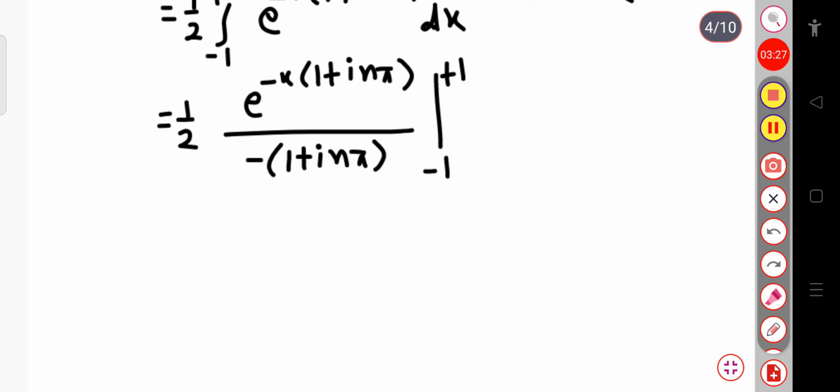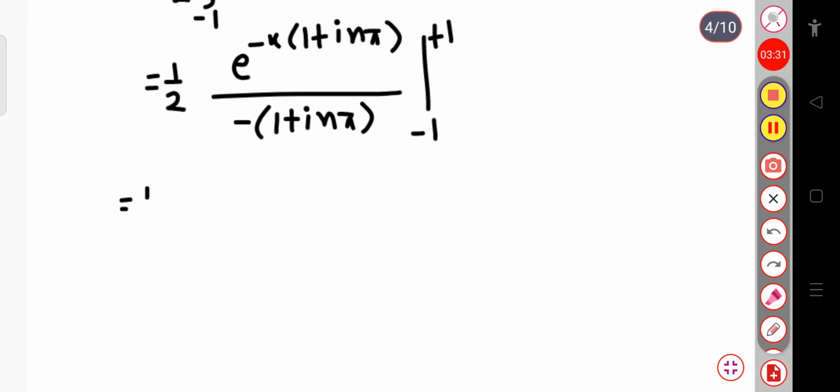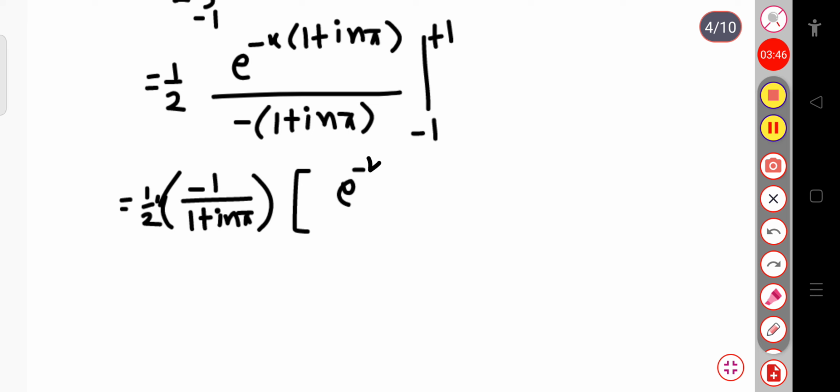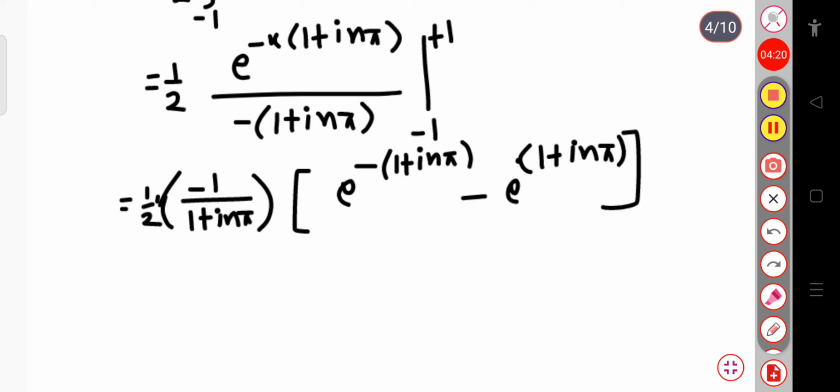Now substituting the upper limit and the lower limit, we take -1/(1+iπn) common. The upper limit gives e^(-(1+iπn)), where in place of x we have substituted 1, minus the lower limit, where minus times minus becomes plus, giving e^(1+iπn). Now taking the common minus, minus minus becomes plus.